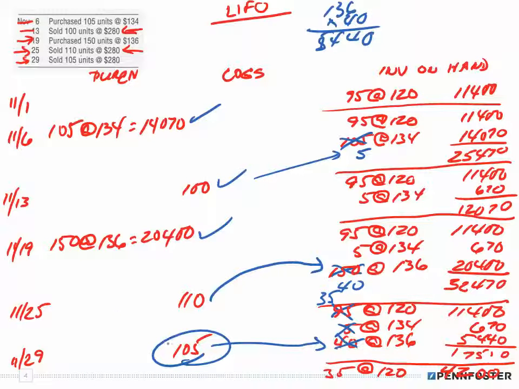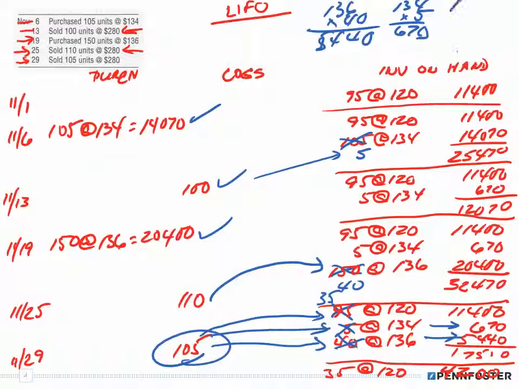I have an additional 5 at 134, which is 670. By the way, I'm doing the math up here, but you could have said, okay, that's the value right there, that's the value right there, and then I have an additional 60 at 120. So 120 times 60 is 7,200.